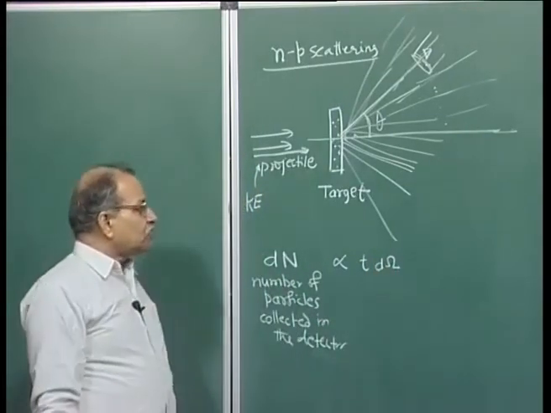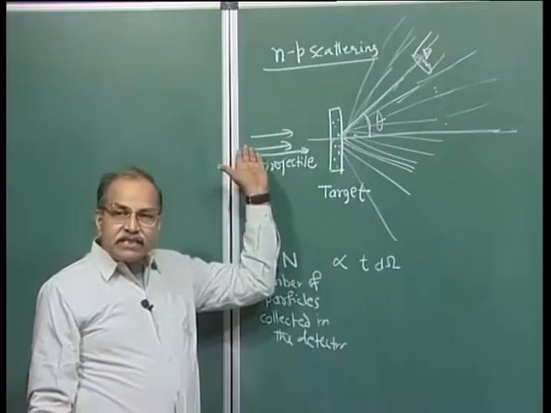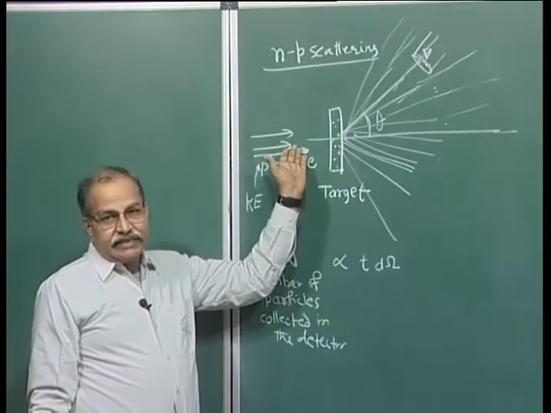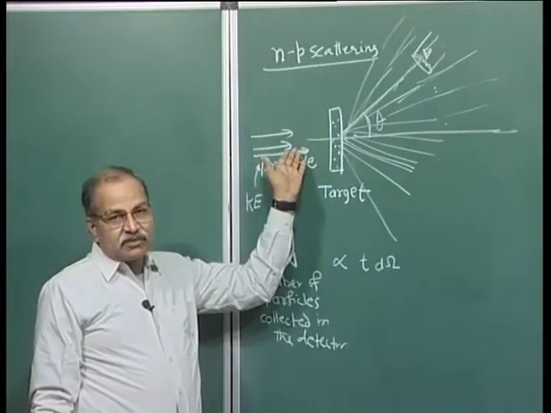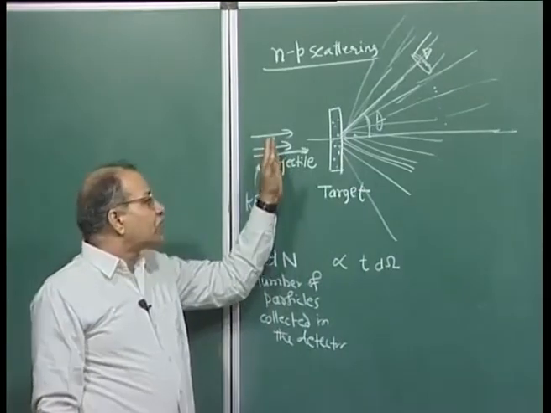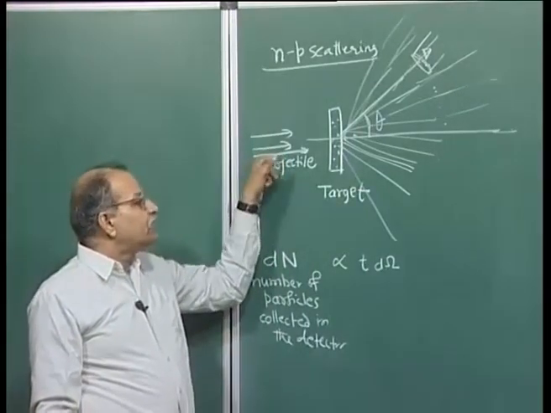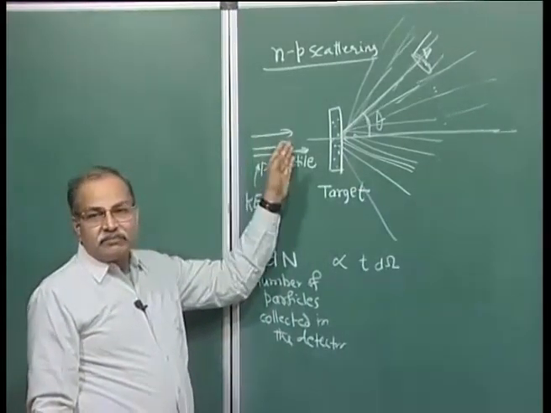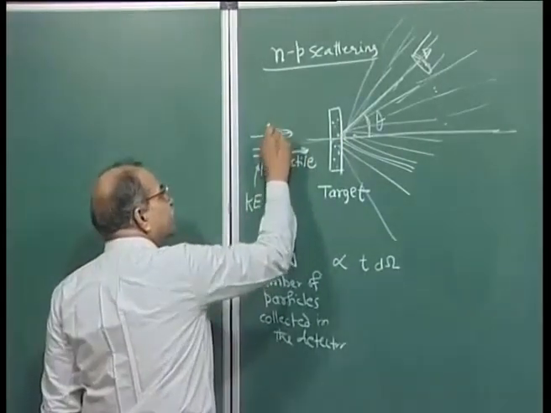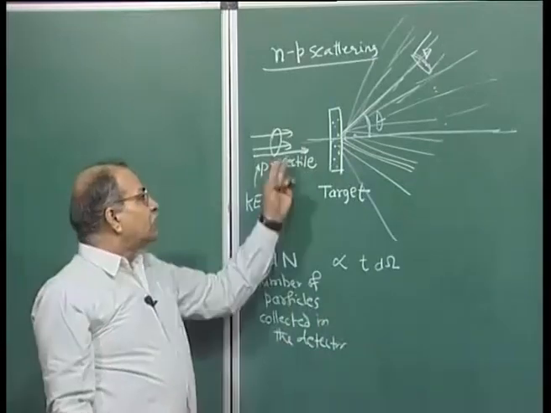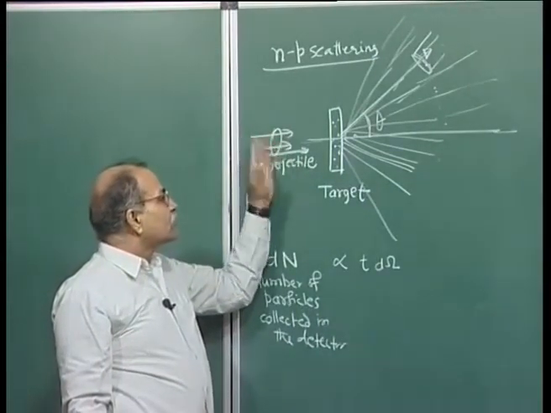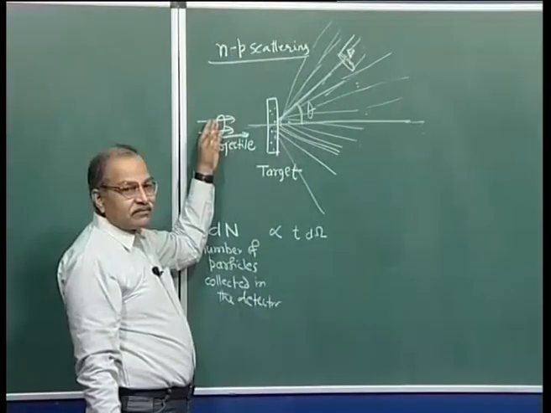Then this should be proportional to the intensity of this projectile beam, okay. Intensity of the projectile beam, or sometimes it is called flux. That means how many particles per unit area per unit time are going in the beam. So, perpendicular to the beam direction, if I construct an area and look for a certain time delta t, how many particles are crossing this area, right.